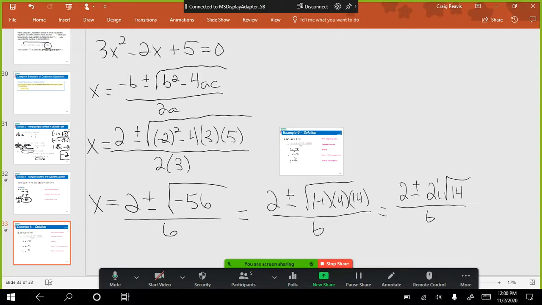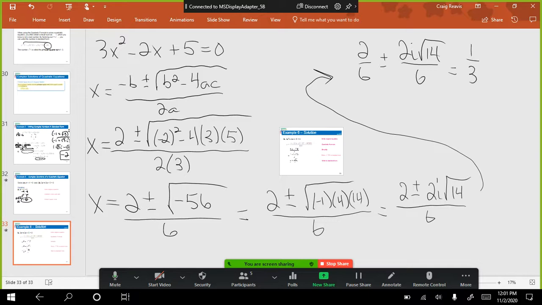And then to get this into standard form, I need to split that up. So that's going to be 2 over 6 plus or minus 2i square root of 14 over 6. And then that will simplify to 1/3 plus or minus i square root of 14 over 3. And in the book, they're showing you square root of 14 i, but it really doesn't matter.